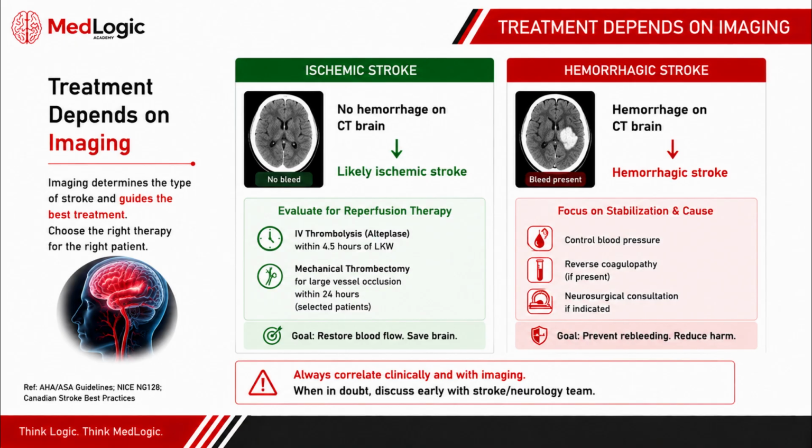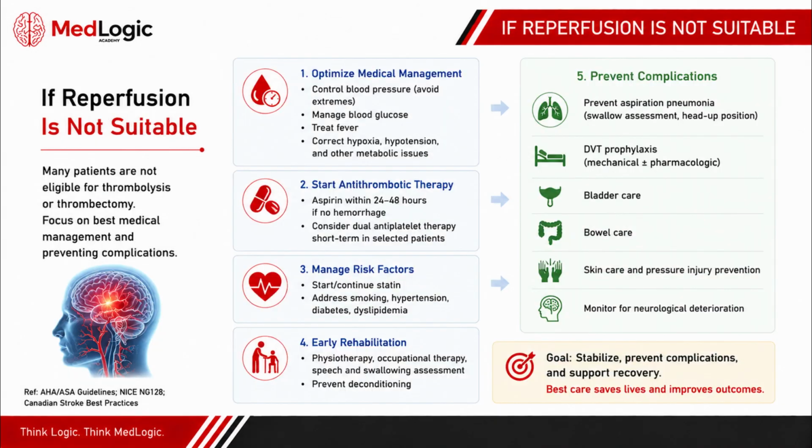If reperfusion therapy is not suitable, treatment still continues. The patient may need antiplatelet therapy when hemorrhage has been excluded, stroke unit care, swallowing assessment, DVT prevention, hydration, glucose and temperature control, and secondary prevention planning. Also, remember one important safety point.